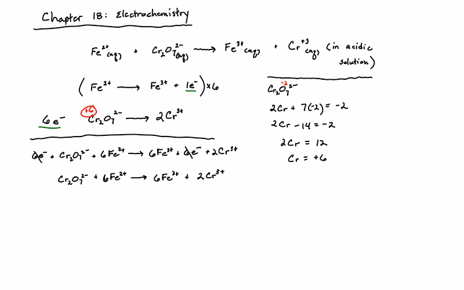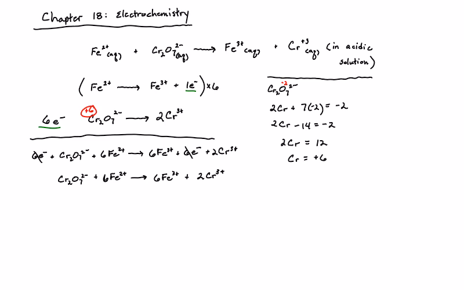Okay, the way that we balance out the oxygens is that we add water to the opposite side of the equation. So since we have the oxygens on the reactant side, we need to add water to the product. Now, how much water? Enough water to account for all 7 oxygens.